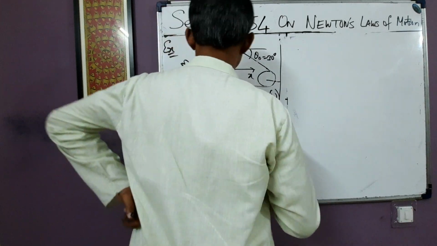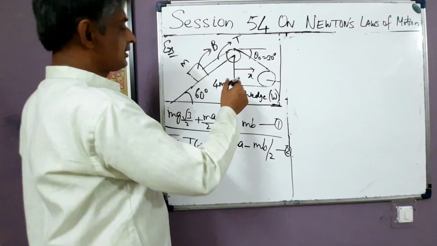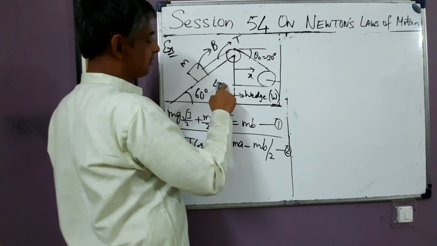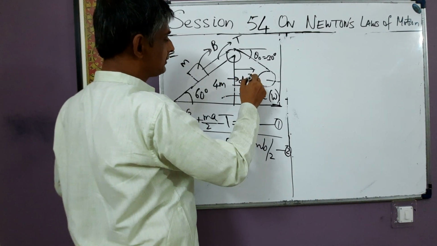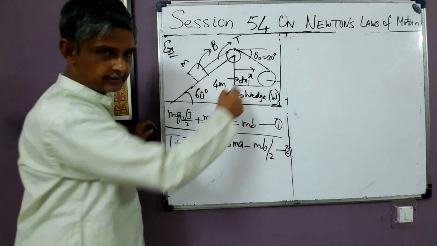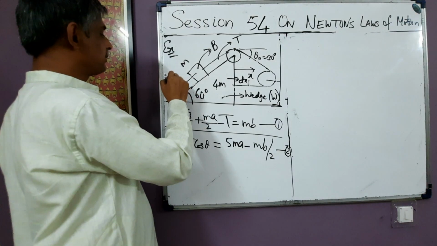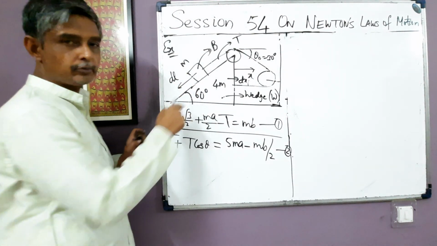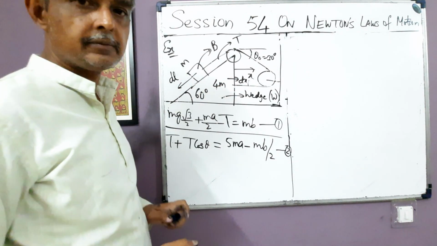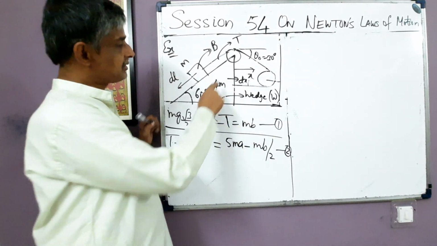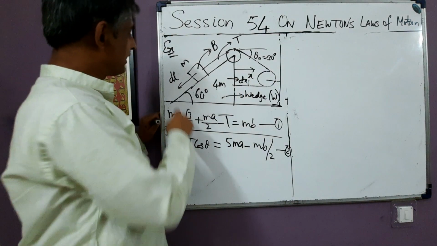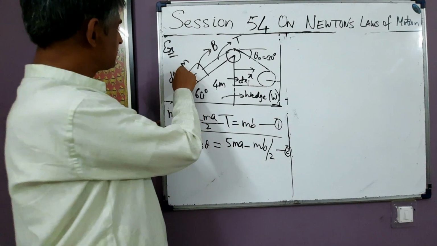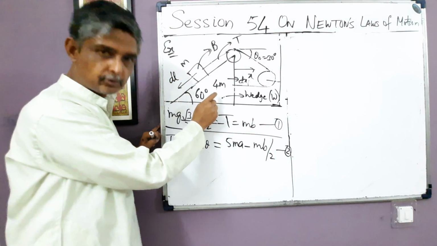So let us assume that in time t to t plus dt, this wedge gets displaced rightward by dx with respect to ground, and this block gets displaced by dl down the incline with respect to the wedge.